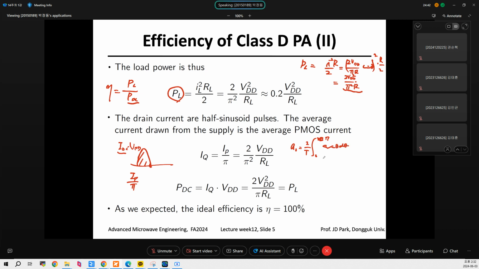Therefore, this is a minus cosine theta, and 1 over T is just 2 pi over 2, and pi to 0. So if you put pi, right, this is a minus 1. If you put 0, this is 1.